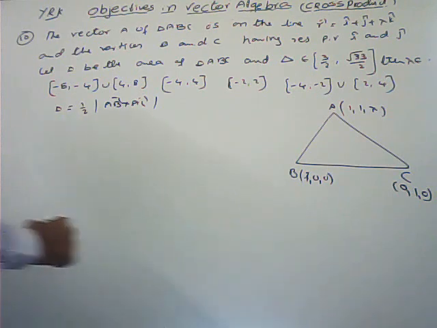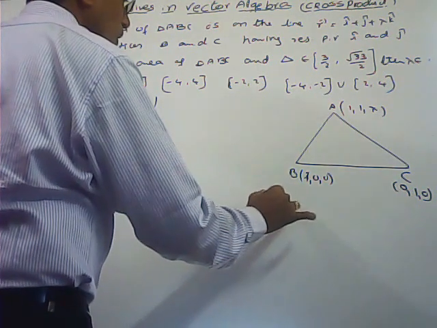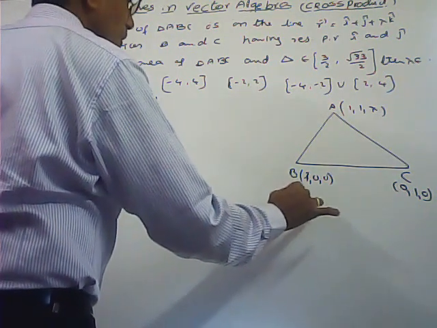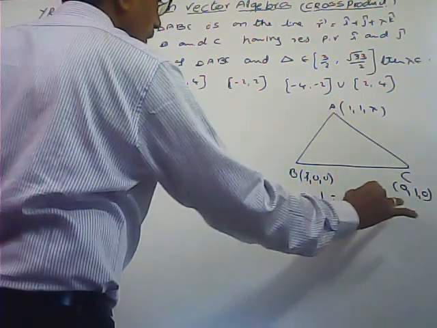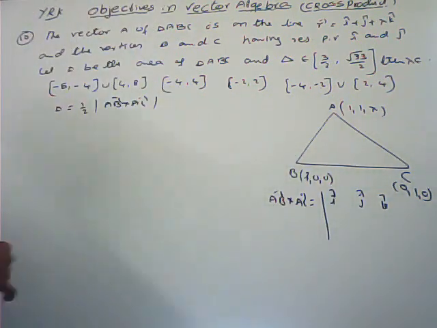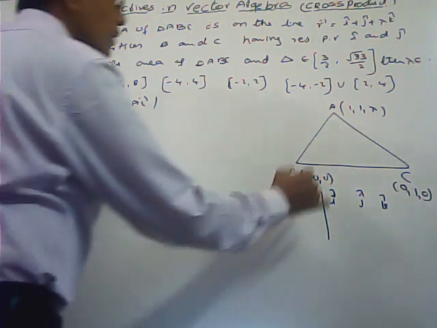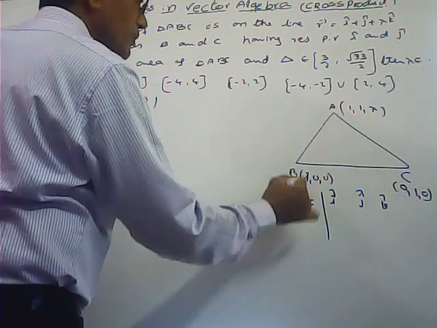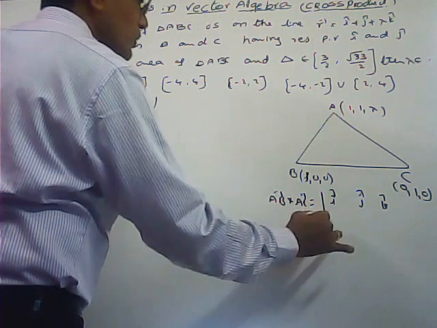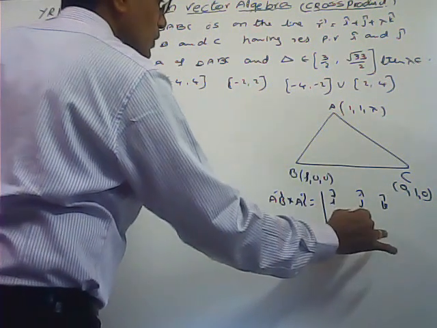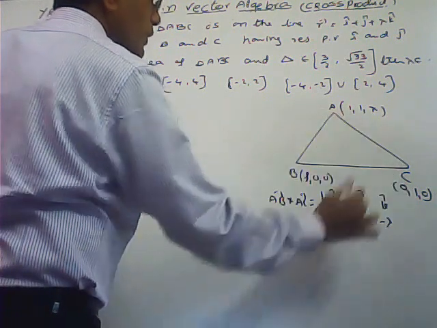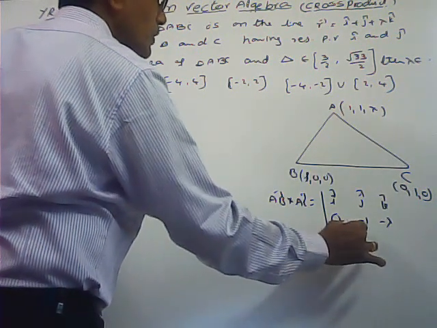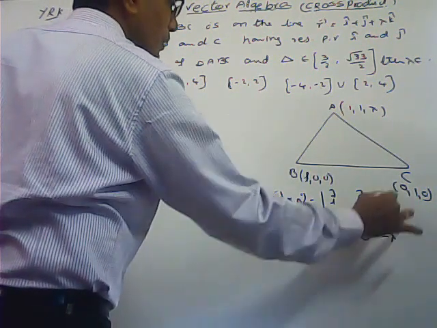Here AB bar, how to get that one? AB bar cross AC bar is equal to the determinant of i j k; AB bar is OB bar minus OA bar, this is 1 1 minus 1, 0 minus 1 minus lambda. AC bar is OC minus OA, this is minus 1, 0, minus lambda.